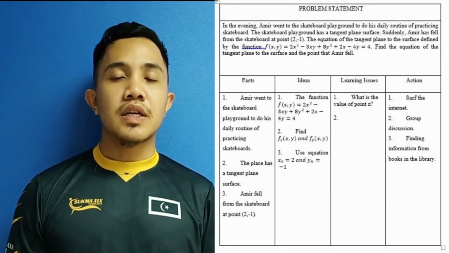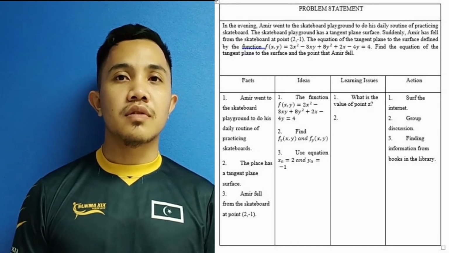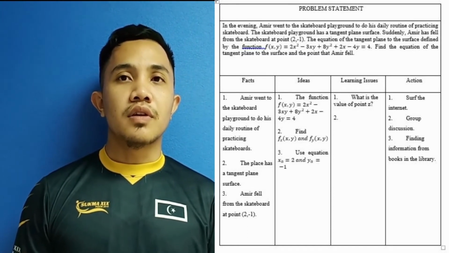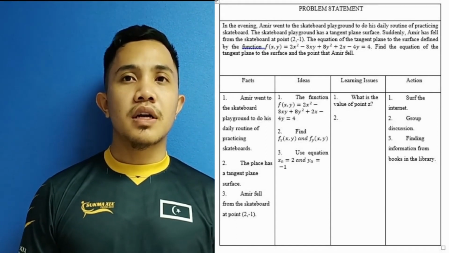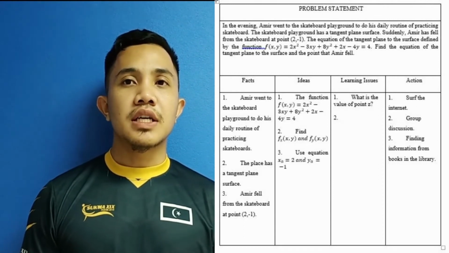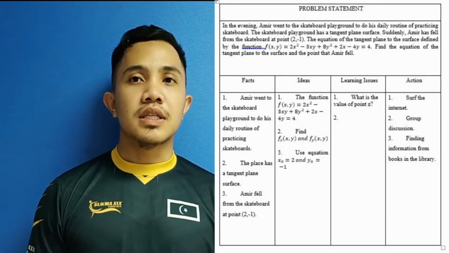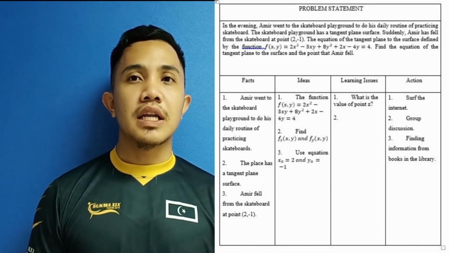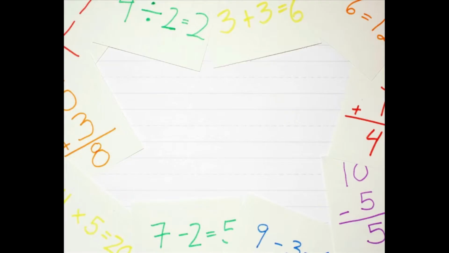Third, use x naught equal to 2 and y naught equal to negative 1. For the learning issue, what is the value of point z? Lastly, for the action: first, surf the internet; second, group discussion; and lastly, finding information from books in the library. That's all from me.